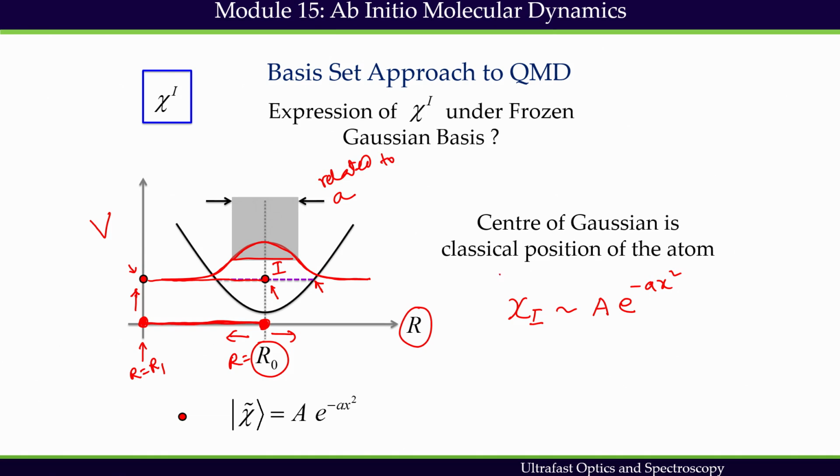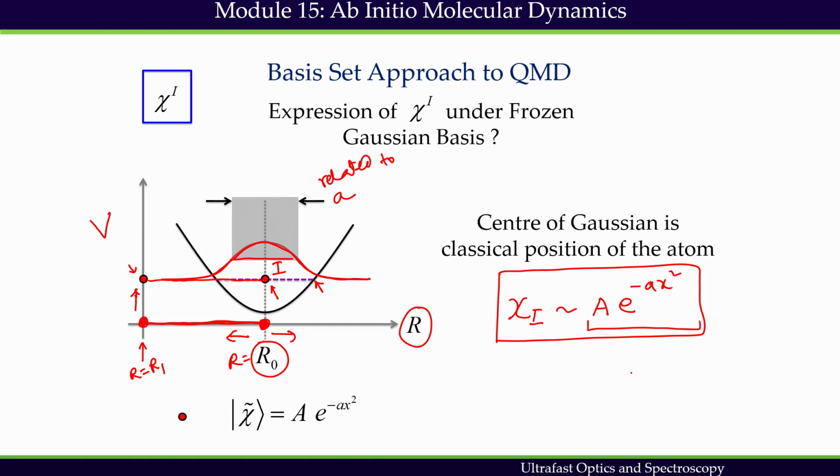So I can use a Gaussian function, a Gaussian basis, to represent the nuclear position. But the problem is that the Gaussian function is not a propagating function.